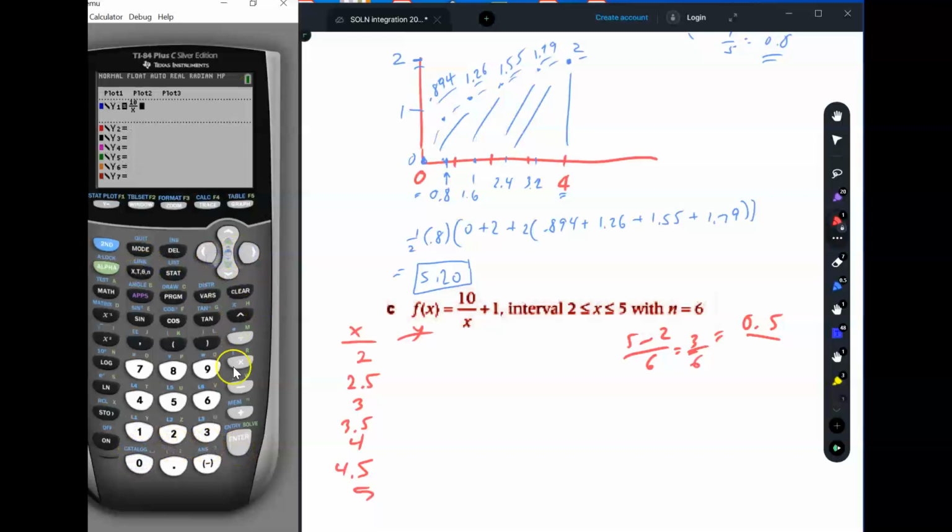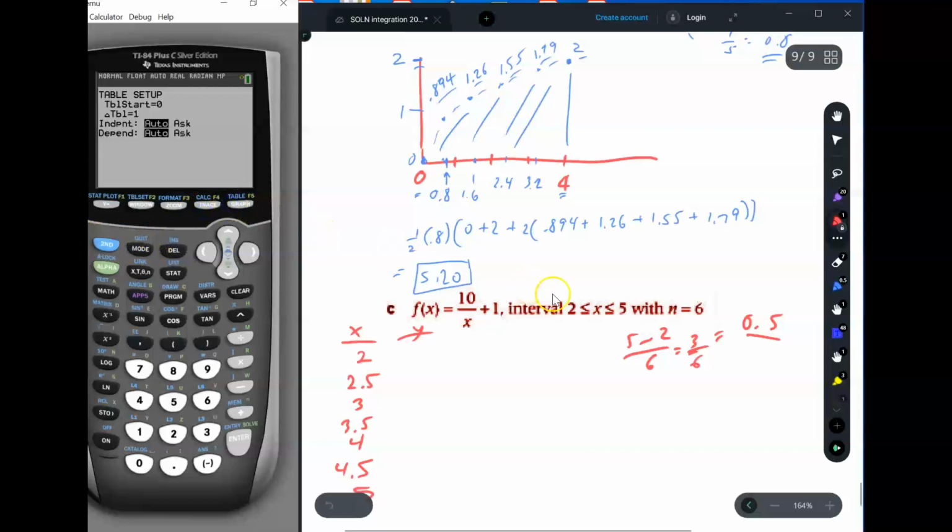And then I'm going to plus 1. And then I'm going to check out the table. And I'm looking for the interval from 2 to 5. Oops, and let me fix the interval so that it counts by ones again, and then I'm going to reset it. So first I'll do table set, and I'm going to change table start to 0 and delta table to 1. And then I'm going to see the table again.